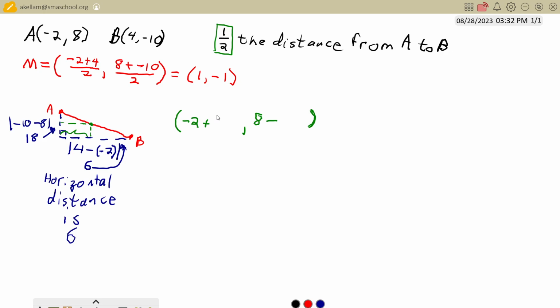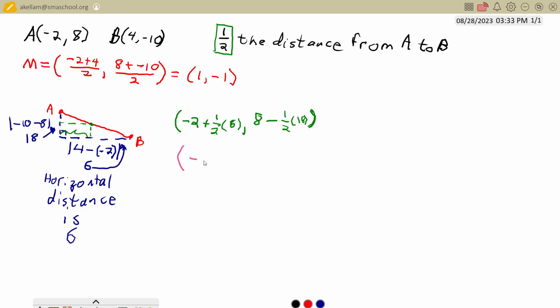Then we have our fraction, so half, half. And then we have our horizontal distance and our vertical distance. So our horizontal distance is 6, and our vertical distance is 18. Okay, so now we simplify down.